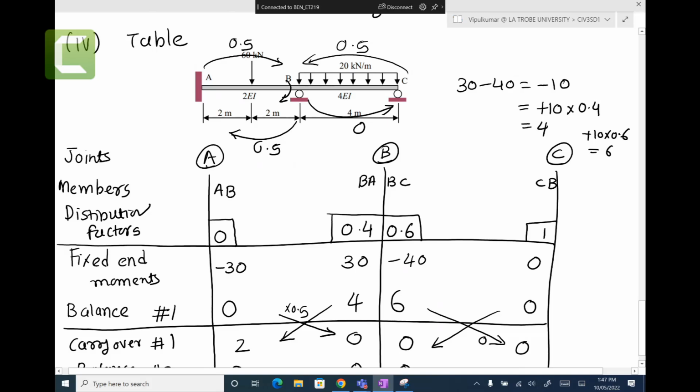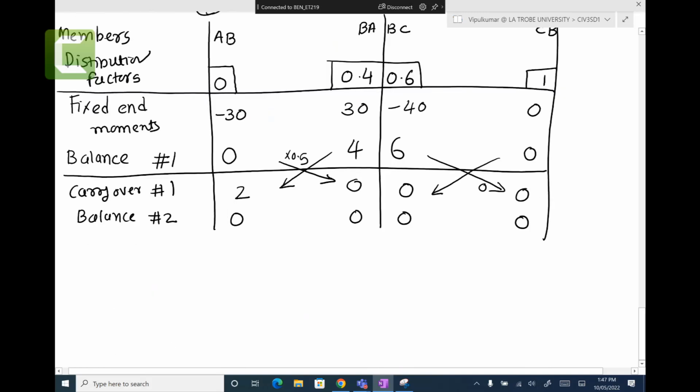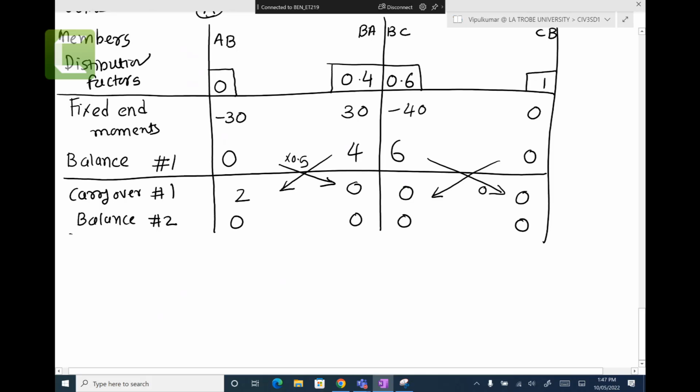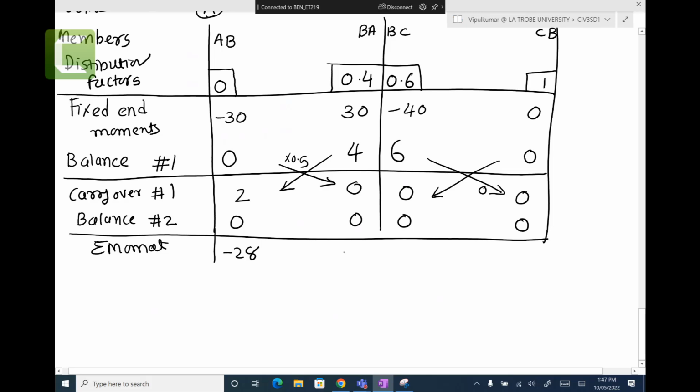All right. So we done this one. Finish it up. Sum the moment. Minus 30 plus 2 minus 28. 30 plus 4, 34. Minus 34 and 0. What have I done?